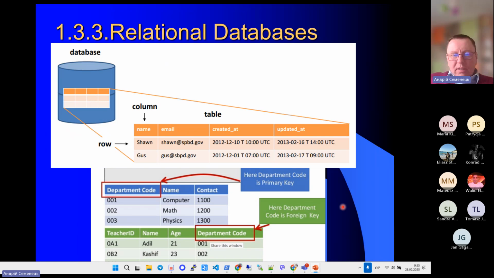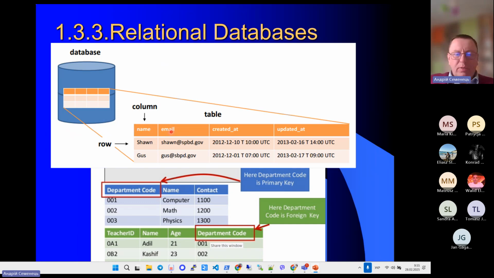So it's time to introduce some additional terminology. A relational table consists of columns, sometimes called fields, which are also strictly defined and contain only specific information.